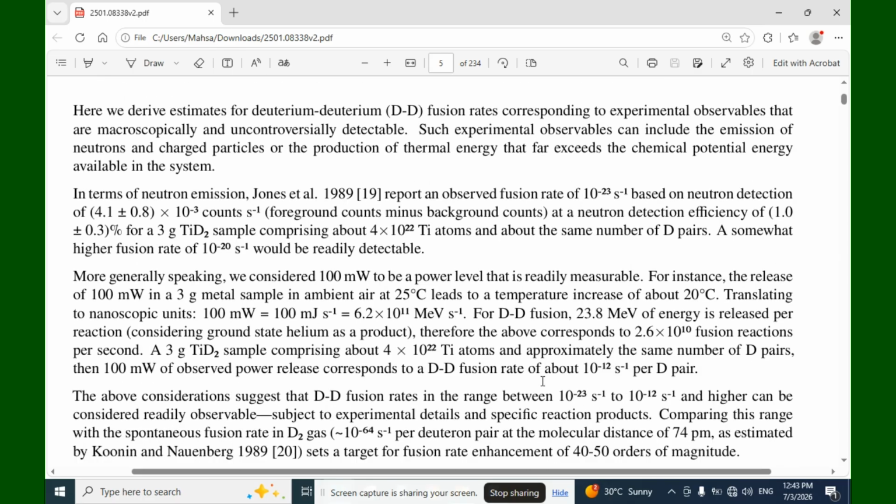Somewhat higher fusion rates of 10 to the power of minus 21 per second would be readily detectable.